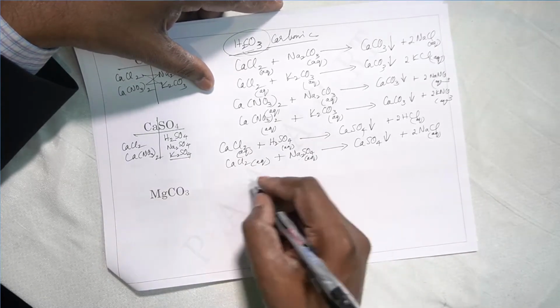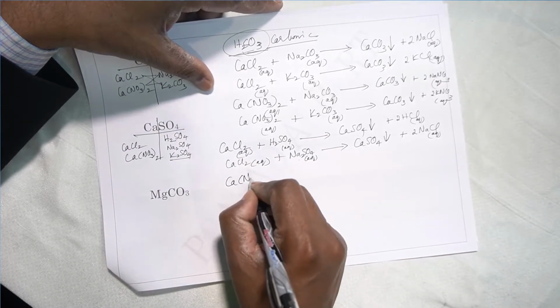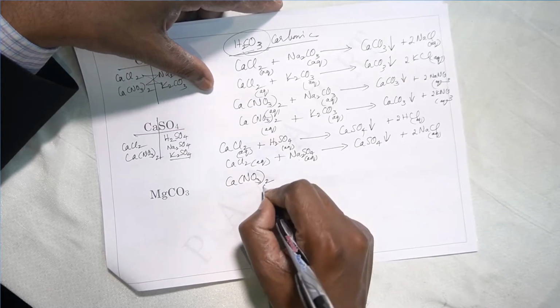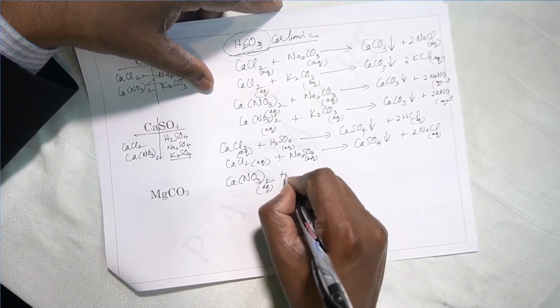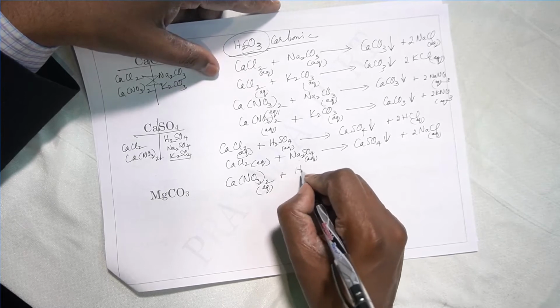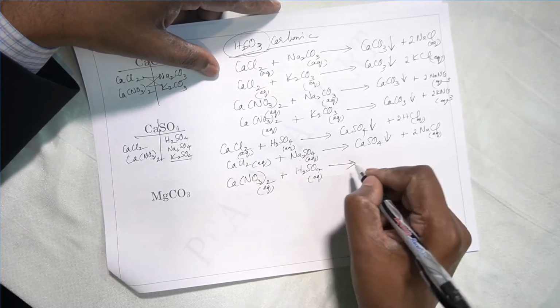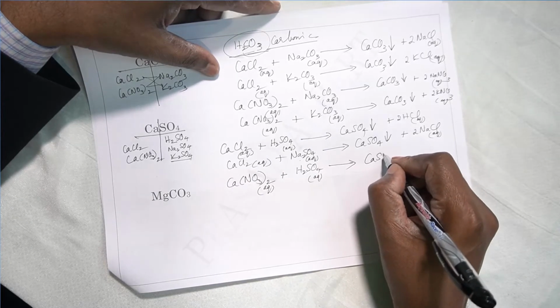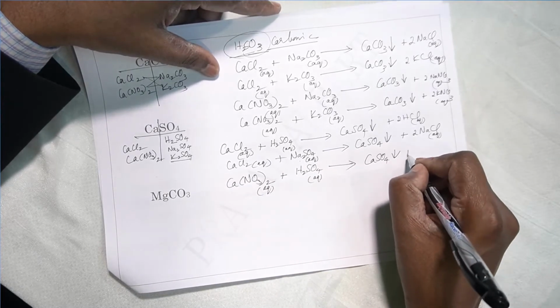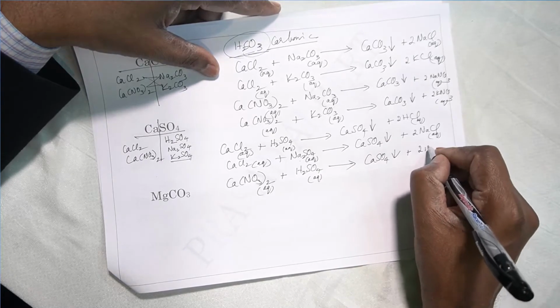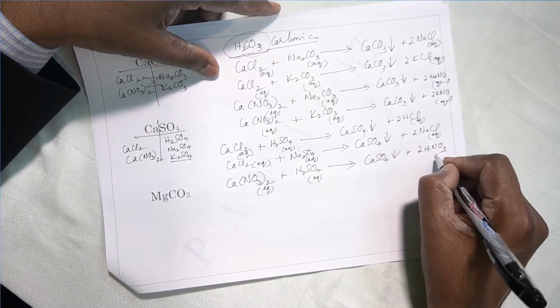Now with calcium nitrate, Ca(NO3)2 aqueous plus H2SO4, dilute, you have CaSO4 precipitate, which is insoluble, and 2HNO3, which is aqueous.